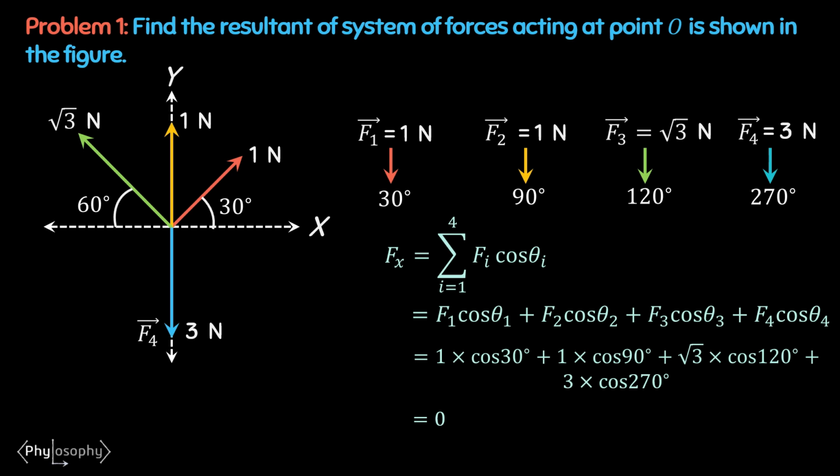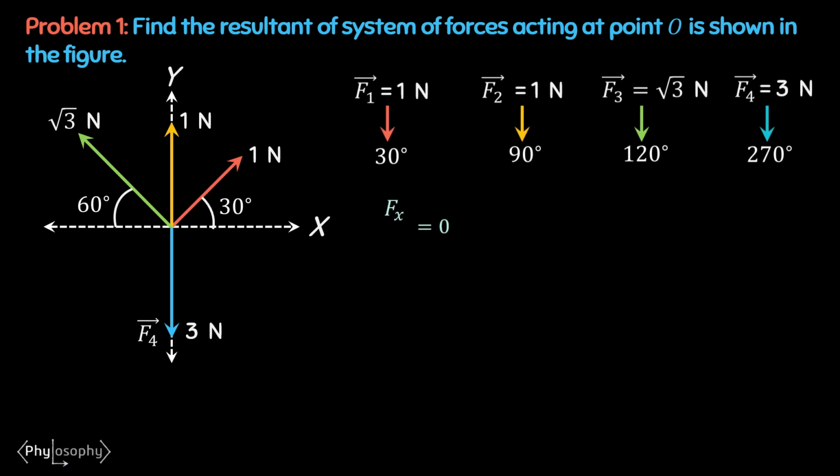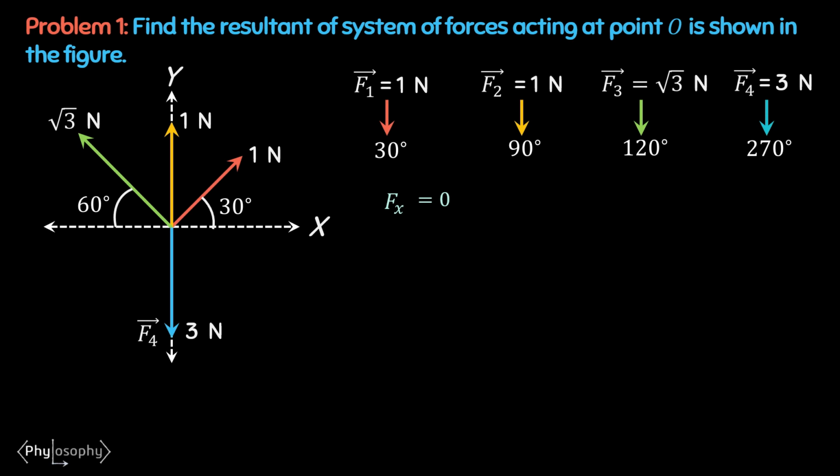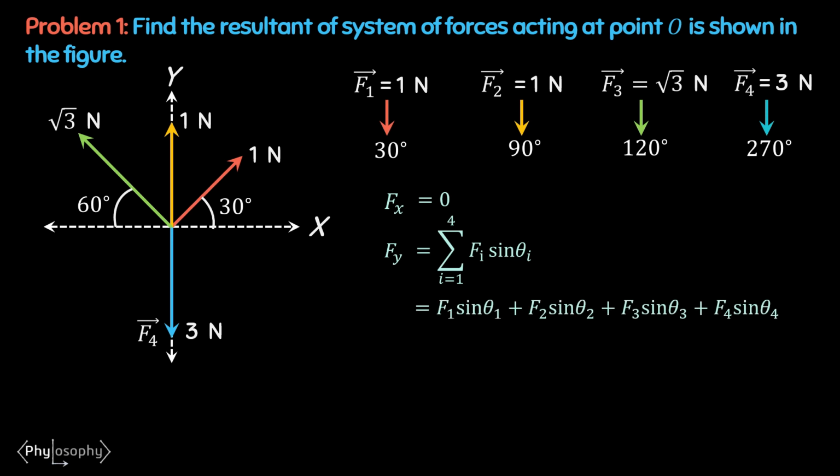Now, we have to find the same thing for the y component, that is, we need to find the net y component of these forces, and it is given by Fy equals the sum over i of Fi sin theta i. Again, i runs from 1 to 4 as there are only 4 forces, and this can be written as F1 sin theta 1 plus F2 sin theta 2 plus F3 sin theta 3 plus F4 sin theta 4.